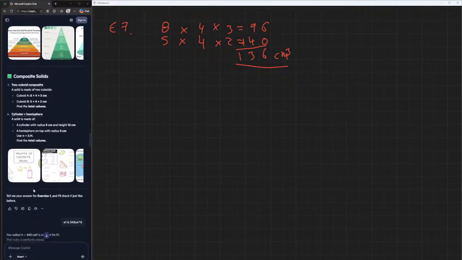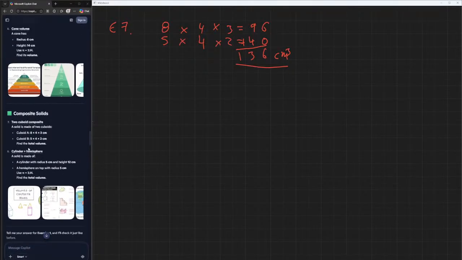Alright, and we are at the last question. Cylinder plus a hemisphere. So I have this thing here.